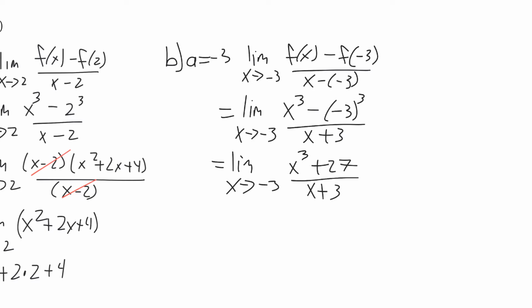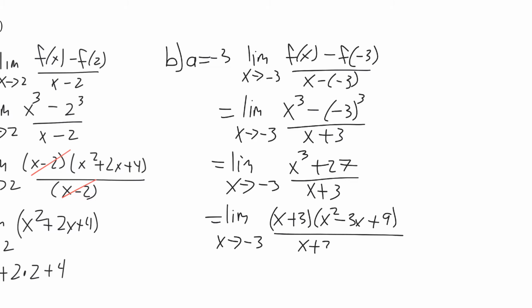Now if you notice, this is a sum of cubes formula. So we can go ahead and factor as x plus 3 times x squared minus 3x plus 9, over x plus 3. Again, the x plus 3 cancels.